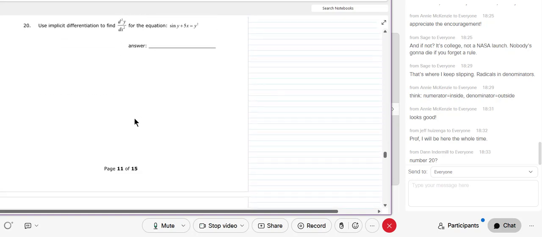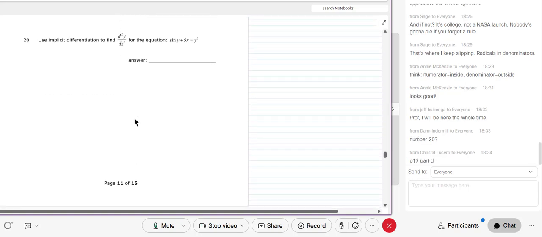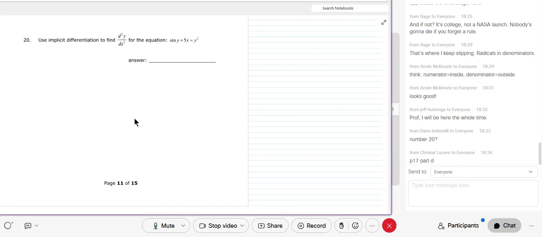From here, we're just going to jump around to different things. This problem right here, the only time I ask for a second derivative using implicit differentiation, I do that on the extra credit problem. So your extra credit problem will be finding a second derivative using implicit differentiation.